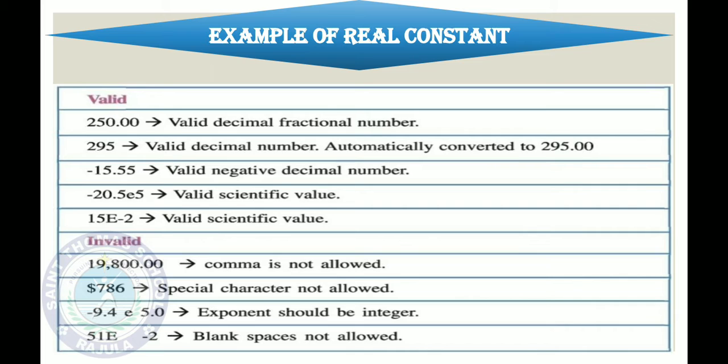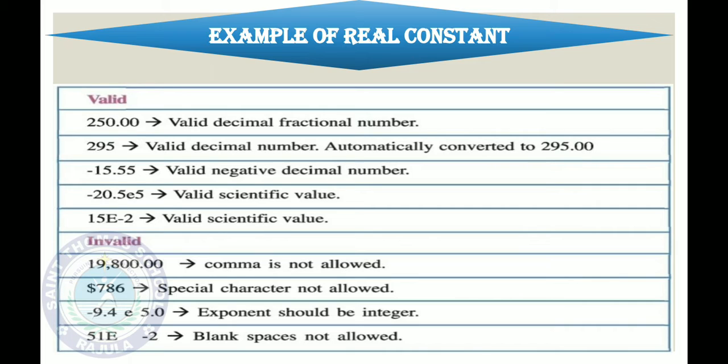Then 51 E minus 2 has a blank space, and blank spaces are not allowed when you are specifying the constant to its variable. So these are the things we have to remember. The exponent should be an integer.